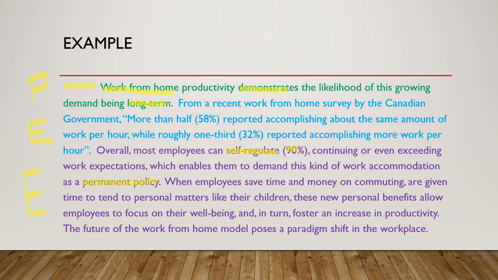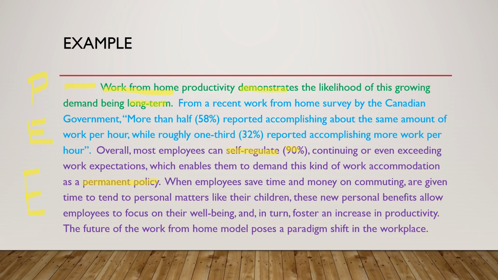When employees save time and money on commuting, are given time to tend to personal matters like their children, these new personal benefits allow employees to focus on their well-being and, in turn, foster an increase in productivity. The future of work from home model poses a paradigm shift in the workplace.